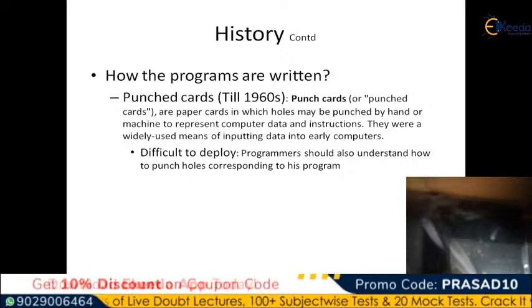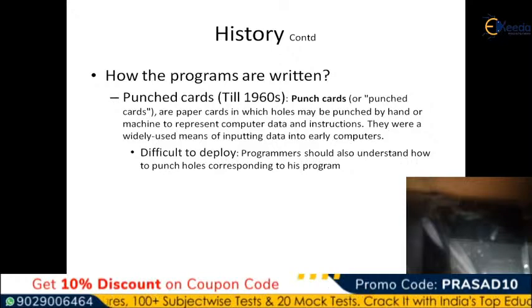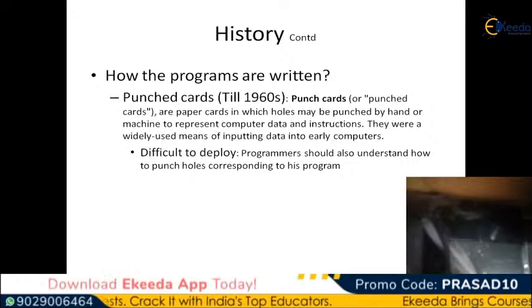Simple. At that time, programmers used punched cards. I think you might have heard about a punched card. A punched card is a piece of paper or material on which a pattern of holes is made.